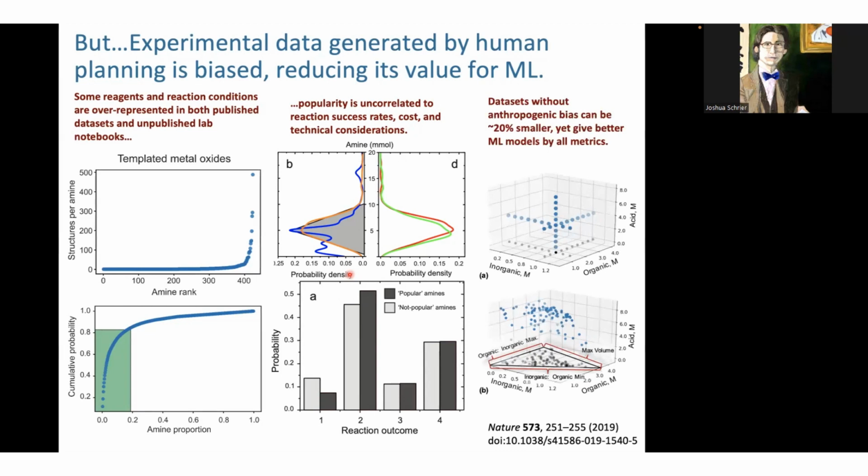Maybe 20% smaller, and yet you could use those to train machine learning models that gave better predictions in the laboratory by all metrics, right? And we, again, evaluated this by performing a few hundred experiments in the lab. So, this suggested to us that maybe we needed to do something different and address the supply chain, if you will, of experimental data.